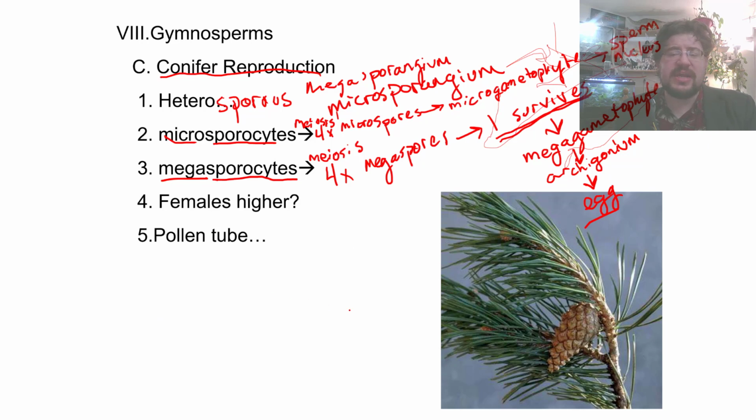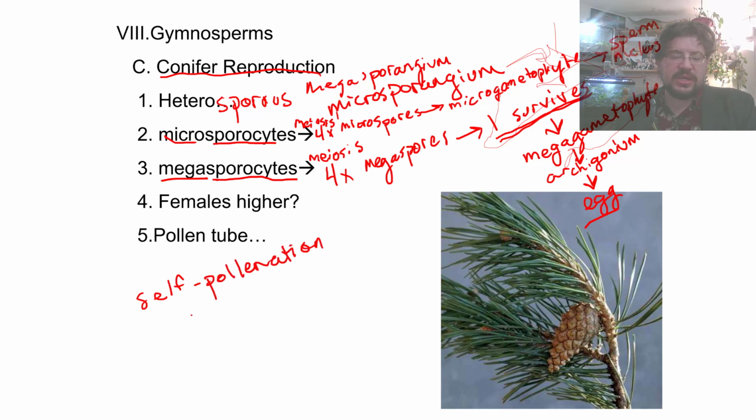Now, there's some interesting adaptations for plants that have a system by which pollen, wind dispersal, is the fertilization mechanism, right? What we have to do is develop defenses against self-pollination.